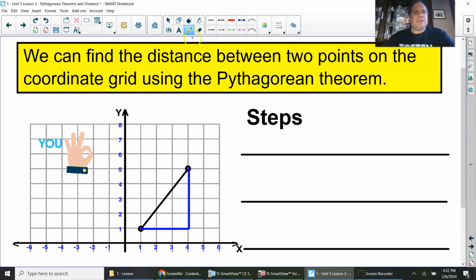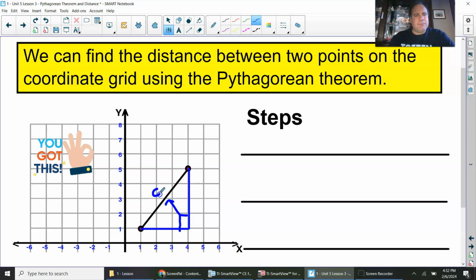All right, so you could tell right now that I have a right triangle. So basically this right here would be my right angle, and this will be side C, which is what they want the distance of. So the easy part of this is that they'll never give you what C is.